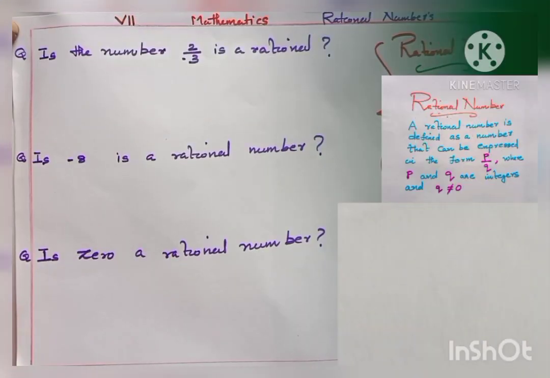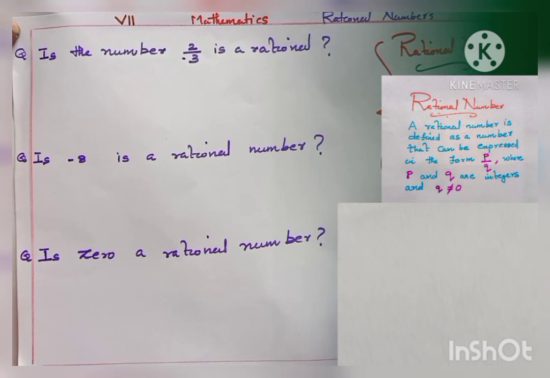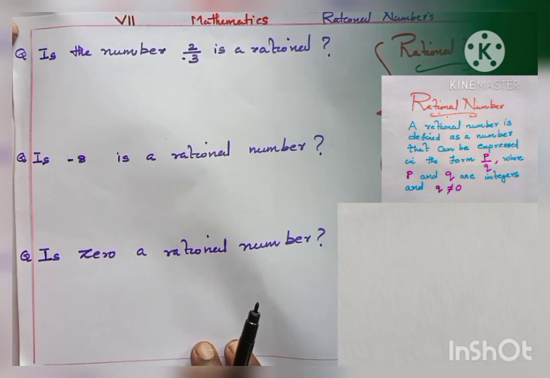Okay, listen. Is the number 2 by minus 3 a rational number? We know what a rational number is. A rational number is defined as a number that can be expressed in the form p by q, where p and q are integers and q is not equal to 0.